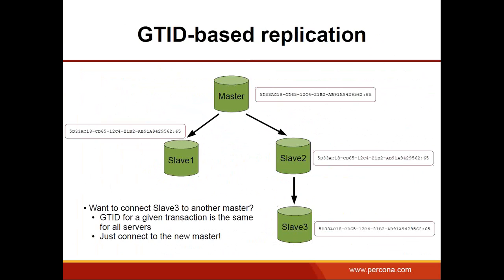So if you want to reconfigure replication on slave 3 and say, okay, now I want slave 3 to be a slave of slave 1, that's very easy because you already know the right position. The only thing that you have to do is to say, okay, let's change master host and maybe the user and the password, and that's all. You have nothing to do to calculate a position, etc. So that's very, very convenient.